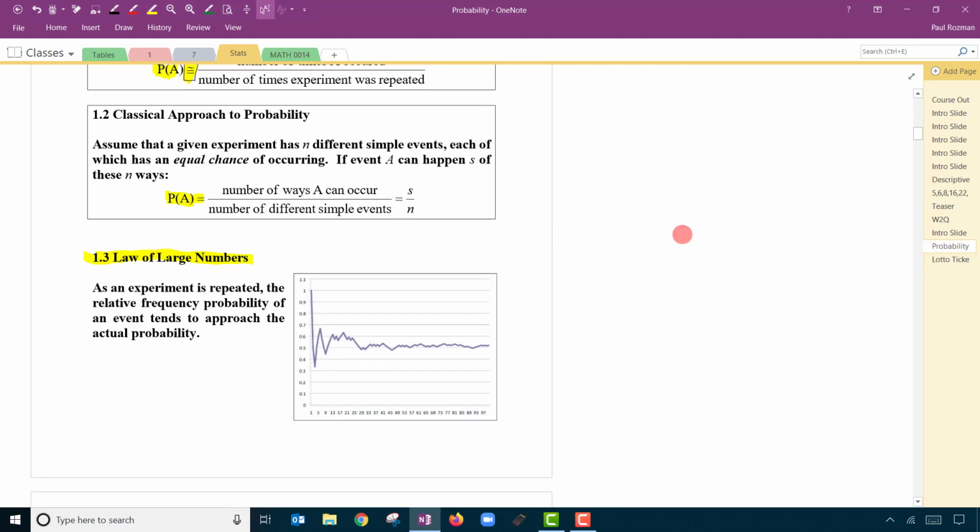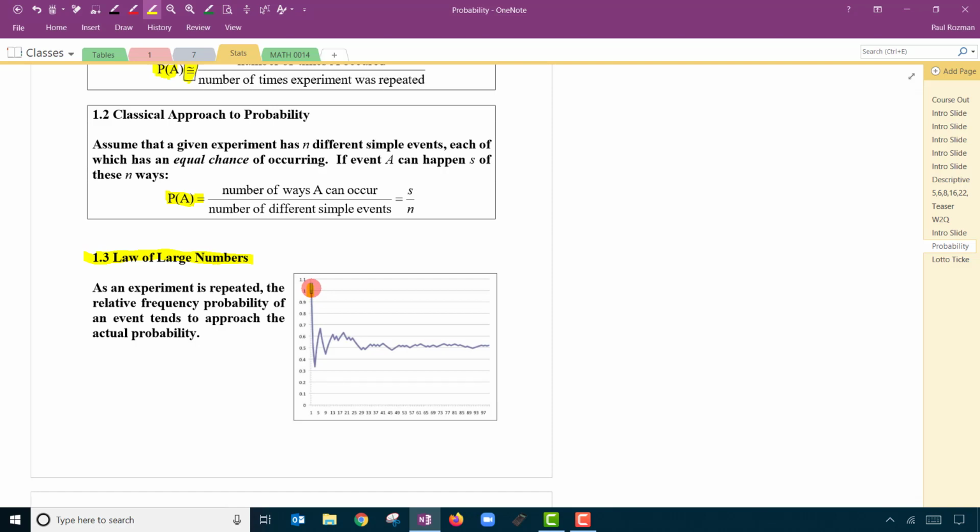So here's a little graph here of flipping a coin. Suppose I'm interested in the probability of getting heads. So I flip a coin one time and I got a heads. So I would at that point estimate that my chances of getting heads are 100%.